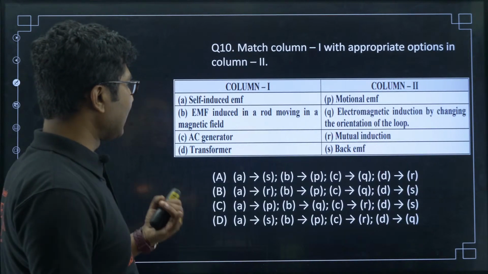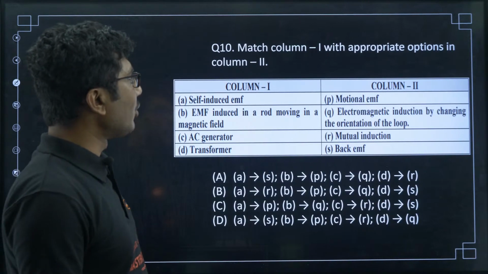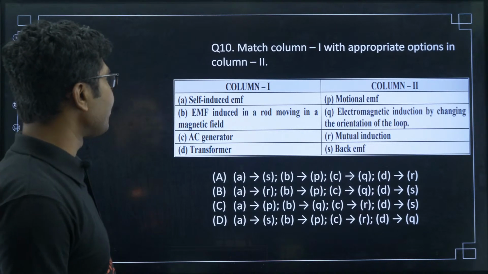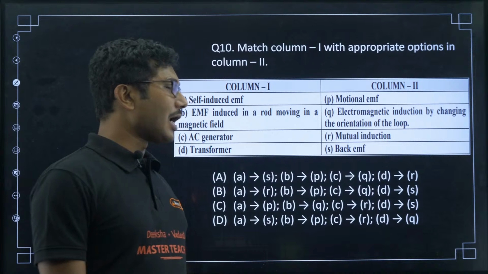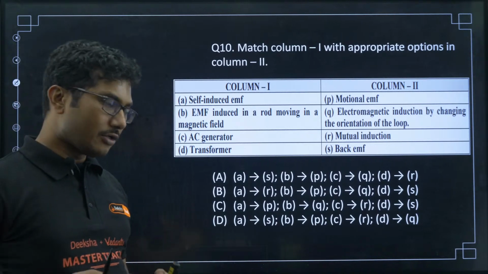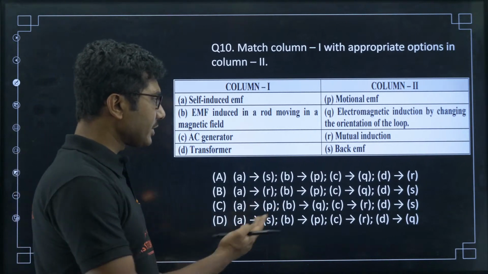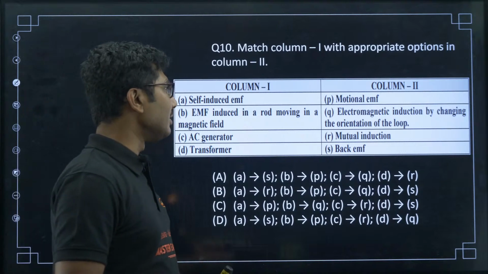Okay. Now another matching question, match column 1 with column 2, the appropriate option in column 2. Now you may not know all the matching. First you have to start with whatever things you are sure of, then check the options, and if you can find it, that is fine, right.